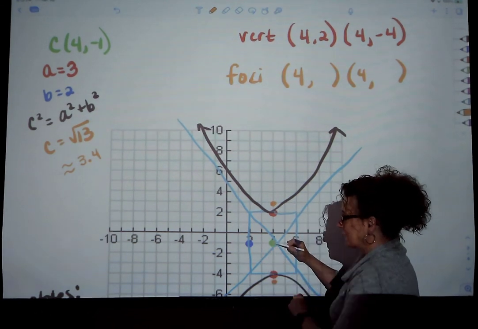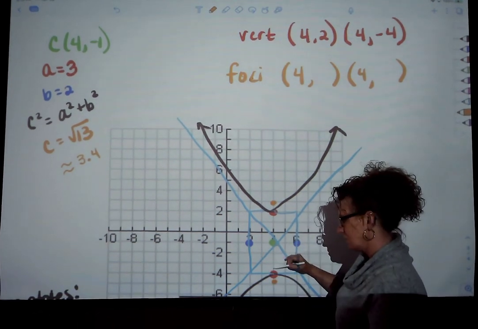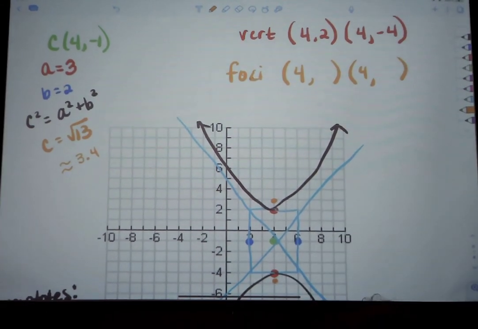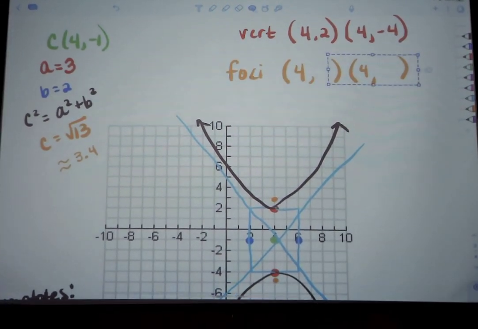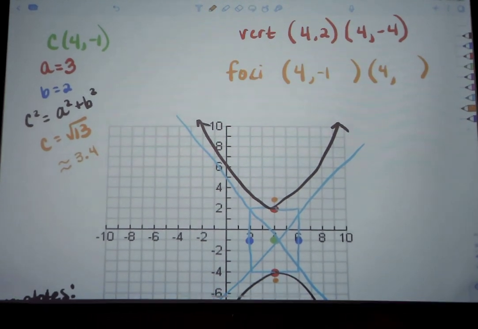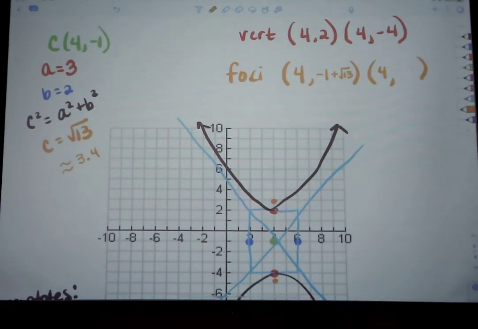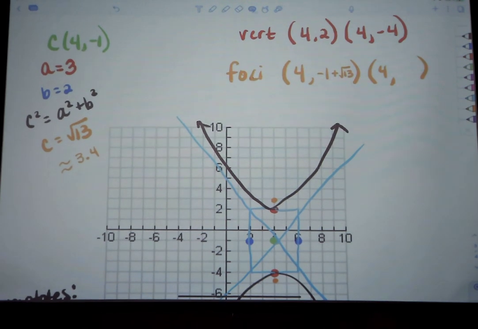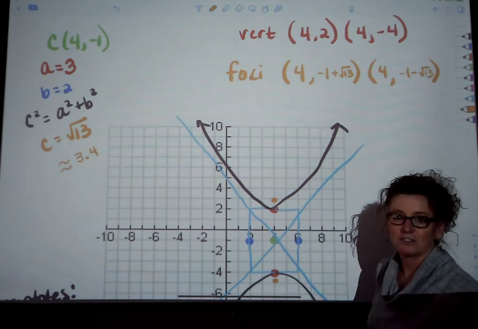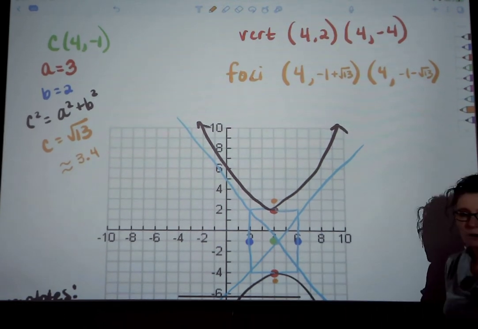From -1, we went down radical 13. And that's the y value for our foci.